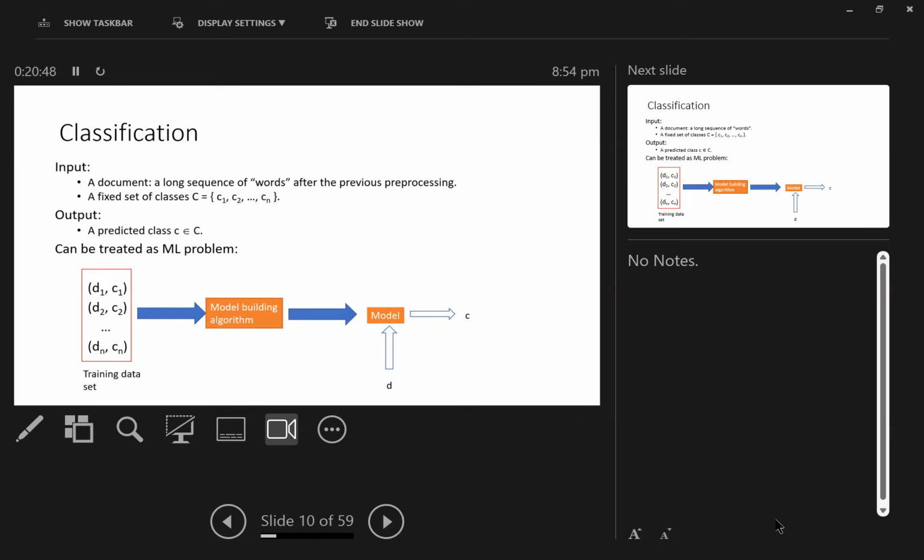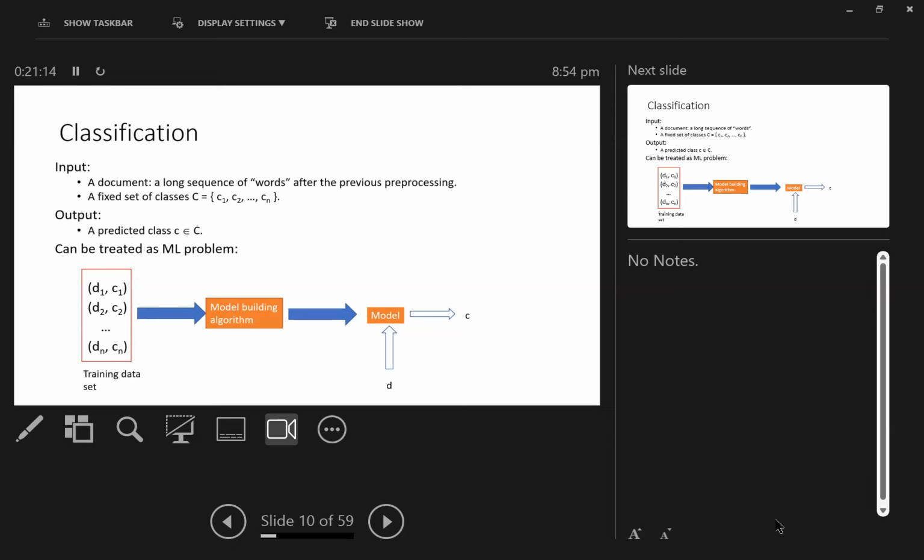Then after that, we will use it to train a model using some algorithm. Whatever method we use, not necessarily a machine learning method, but anything that will help us build a model, so that based on this model, given any document, we can predict what its class is.